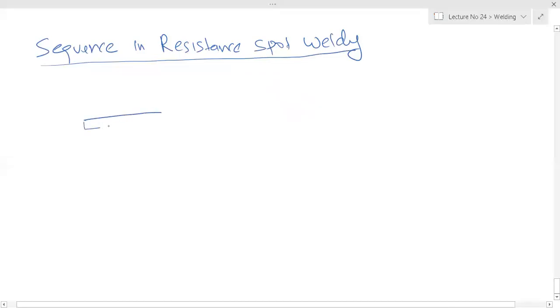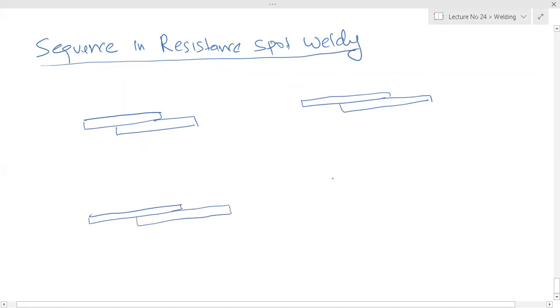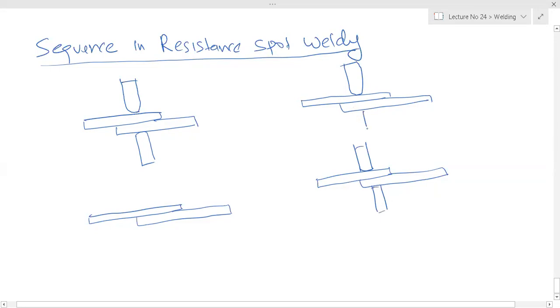So we have to make 4 figures. There will be 2 electrodes. Right?